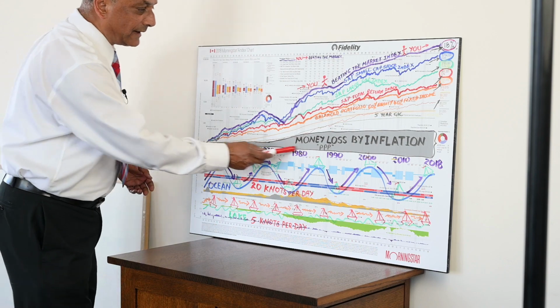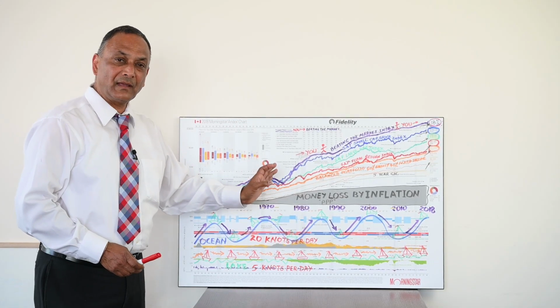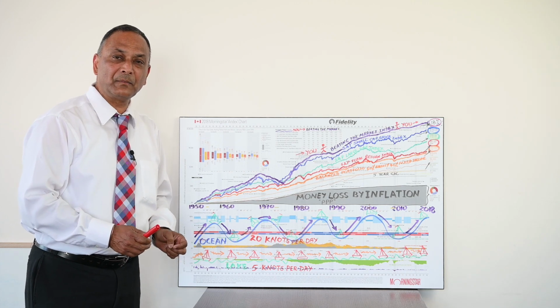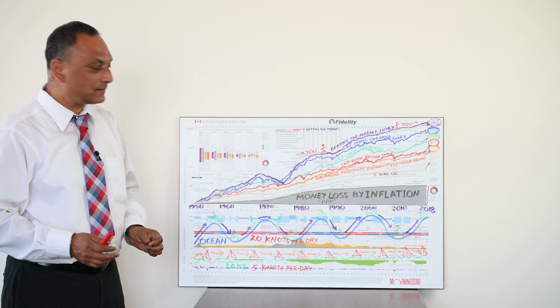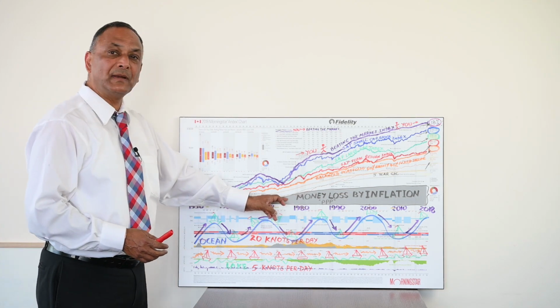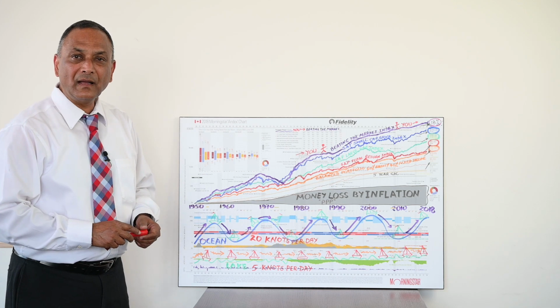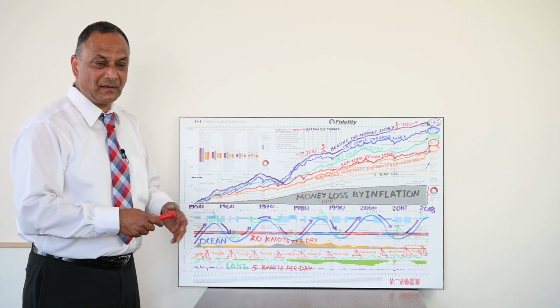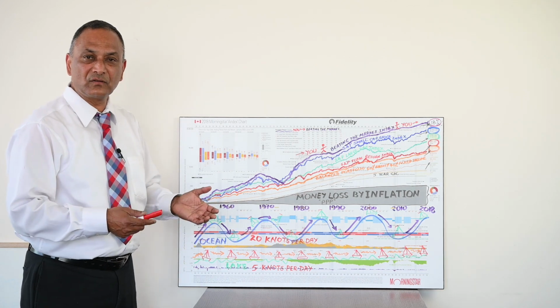Here in this gray line I've shown is money lost by inflation. Every year the government of Canada brings out what is called the CPI, Consumer Price Index. That shows how much money you require to buy the same item. If the item has gone up by, let's say, 2%, that means the inflation is 2%.